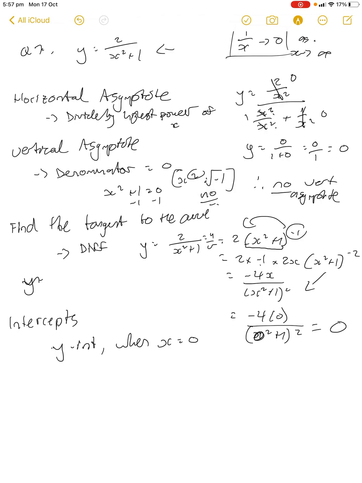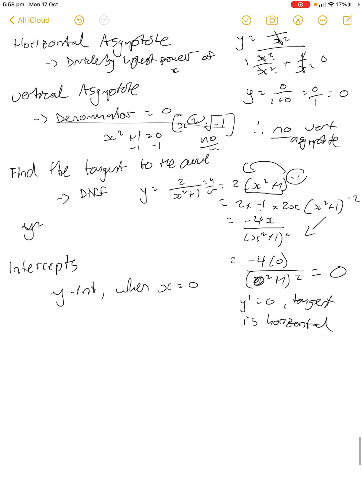And typing that in the calculator is going to give us 0. Which means my tangent is horizontal, because when the first derivative is equal to 0, the tangent is horizontal. So we've got our y-intercept. Fantastic. And we can begin to go from there.